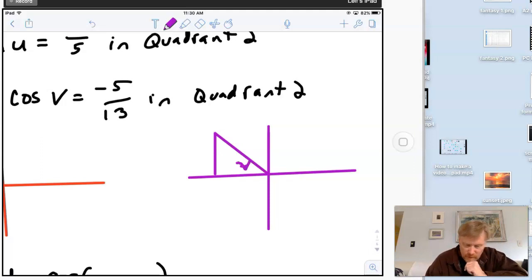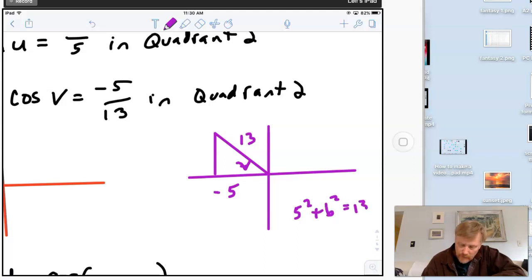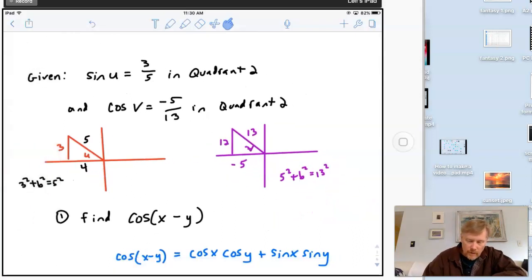And cosine is adjacent over hypotenuse, and that's negative along that axis for the x values, right? So we can make the 5 negative. And if I did the Pythagorean theorem here, you would get 12 for b. All right, so there are my values.